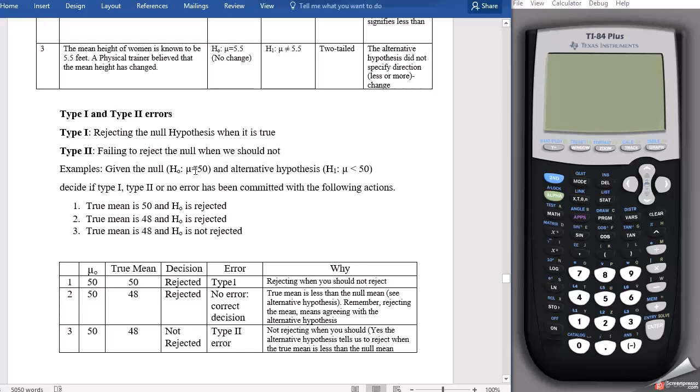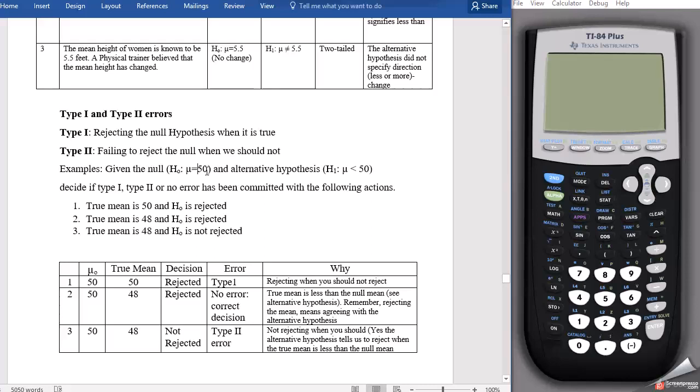Now we know that the mean is 50. So if we find out that the true mean is 50, then it means that the null is true. So we should not reject the null hypothesis. If we reject the null hypothesis, we have taken a wrong decision, which is committing type 1 error because we're rejecting when we should not reject.